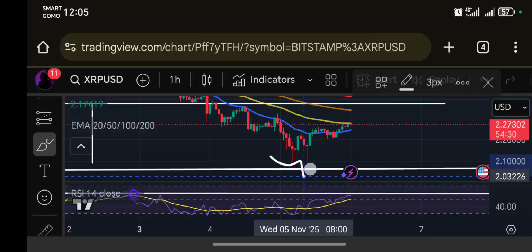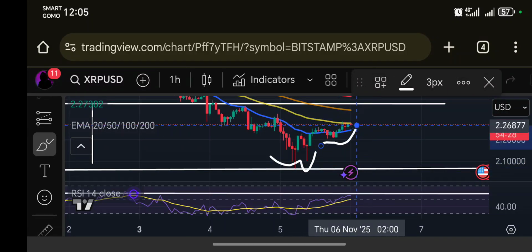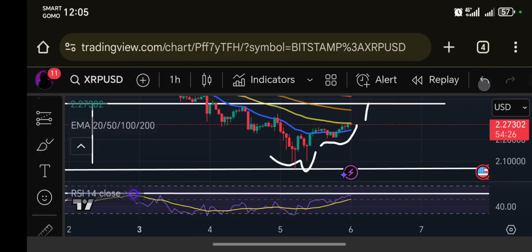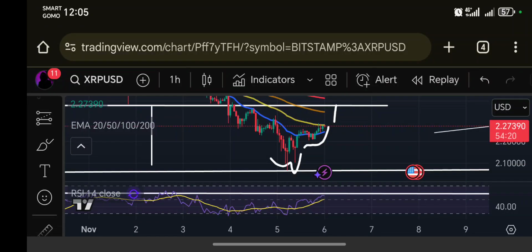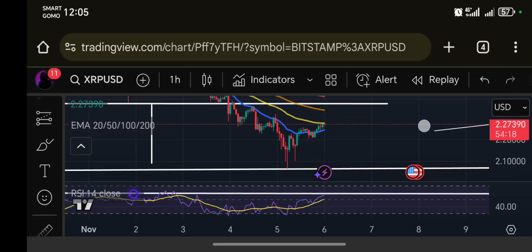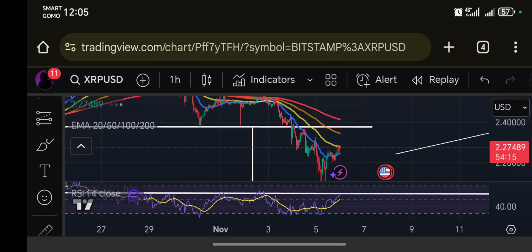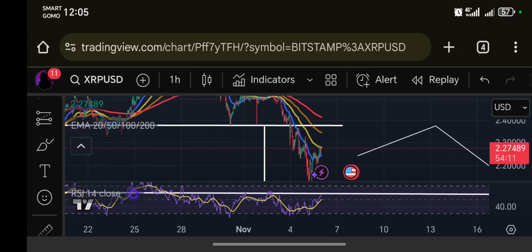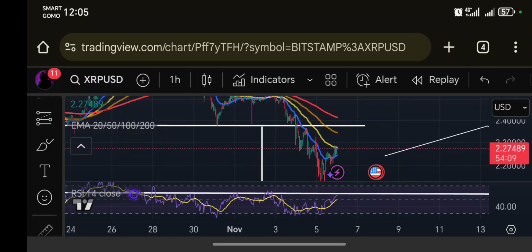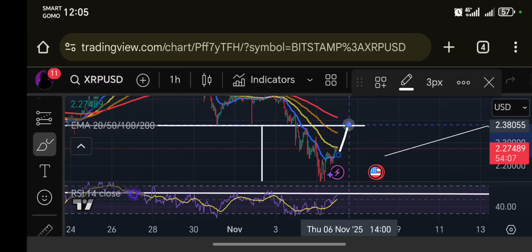Look at this double bottom we have here, then we can come back up here, and what's this level is 2.37 level area. So I'm expecting that we are going there maybe later or tomorrow. I'm gonna see this pump.